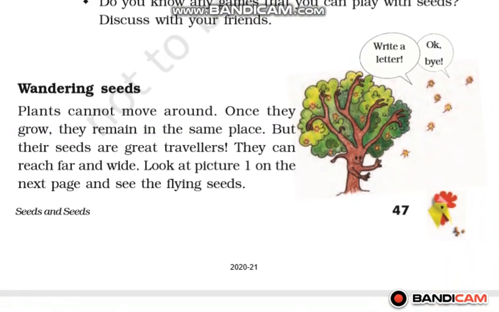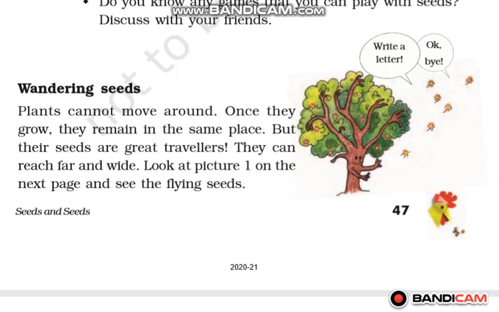Now we will talk about wandering seeds. How can seeds wander? Earlier we had imagined if plants could walk, then what happened? But you know, students, seeds can walk. How can they walk? They don't have legs, but still they travel a long distance.